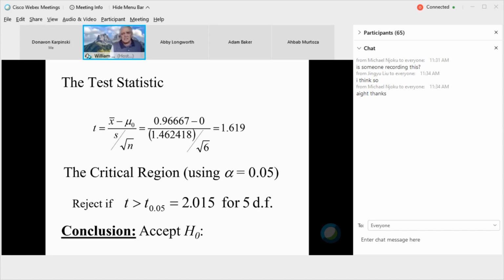So the test statistic is x bar minus mu 0, where mu 0 is 0, over s divided by square root of 6, which is 1.619. The critical region is t greater than t.05 for 5 degrees of freedom, which is 2.015.